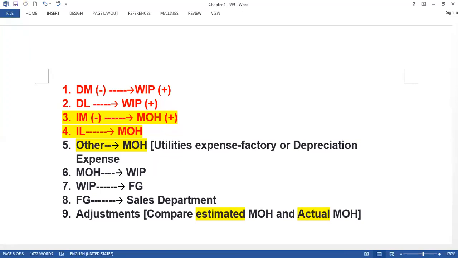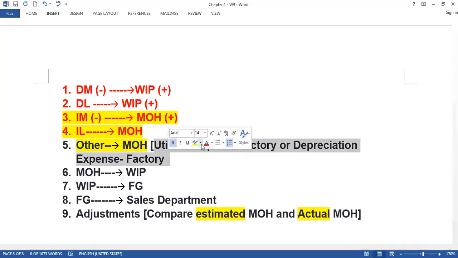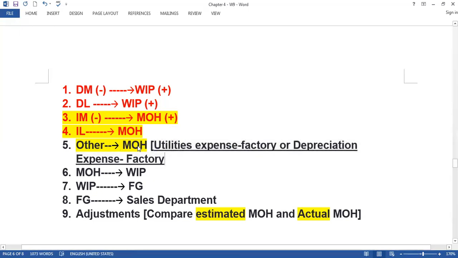But which one is related with the factory? Manufacturing overhead. If it is factory equipment, factory, always factory goes to manufacturing overhead. So these are the other expenses, and these other expenses transfer to MOH.